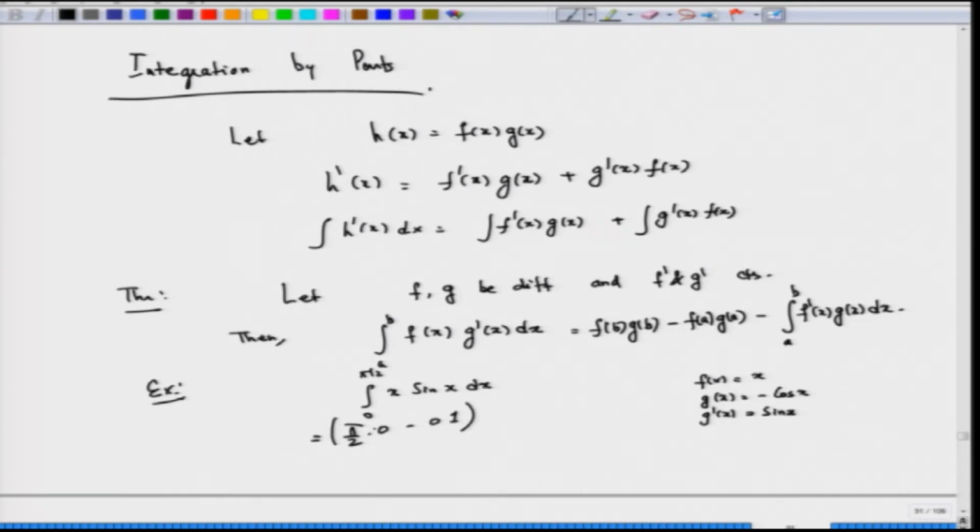So, this turns out to be 0, then minus the integral over 0 to pi by 2 of f prime, which is 1, and g of x, which is equal to minus cos x.